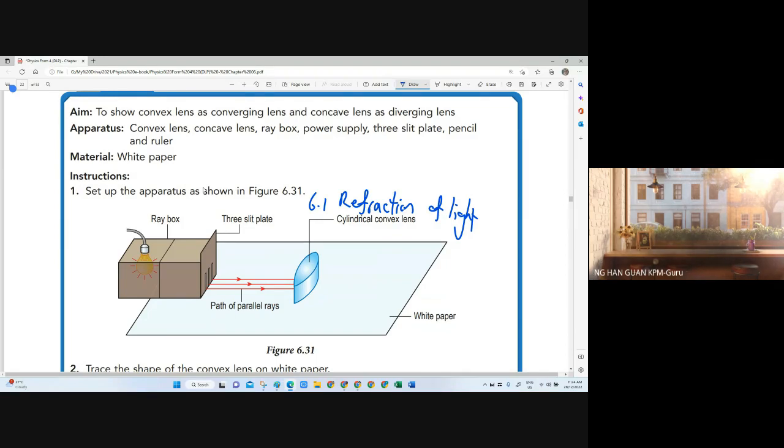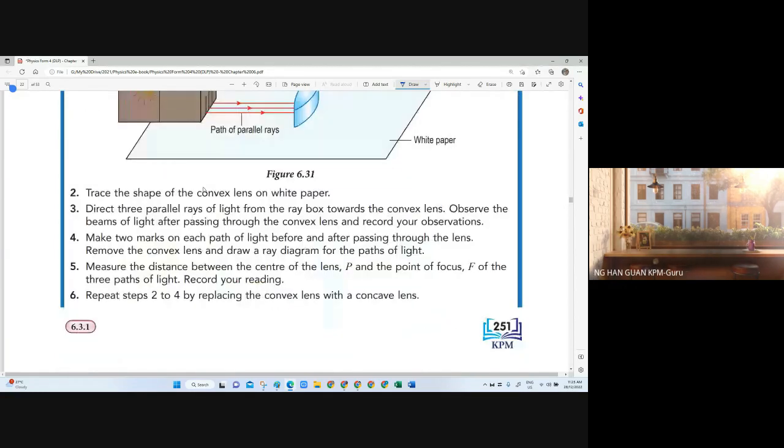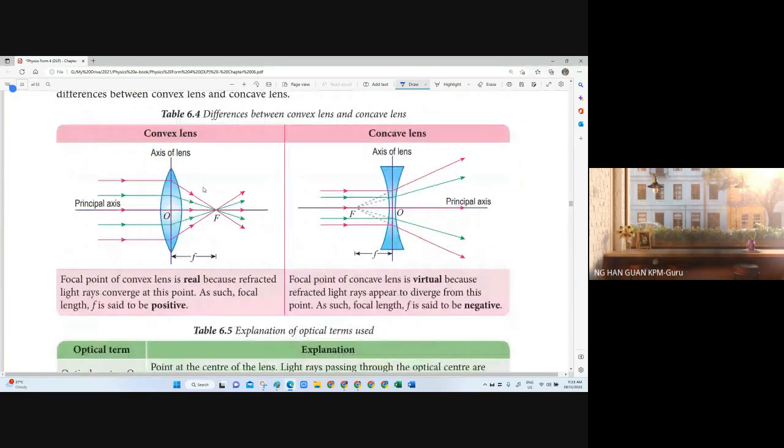This is a convex lens. This is actually a glass. So when the light enters the optically denser medium, it will be refracted. But because the glass has a curved shape, the change of angle makes it bend in a different way.